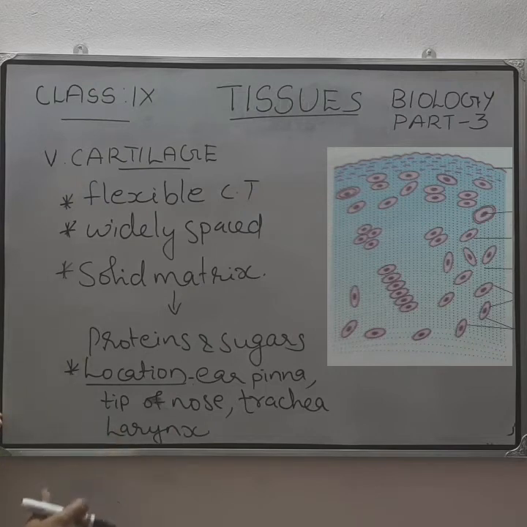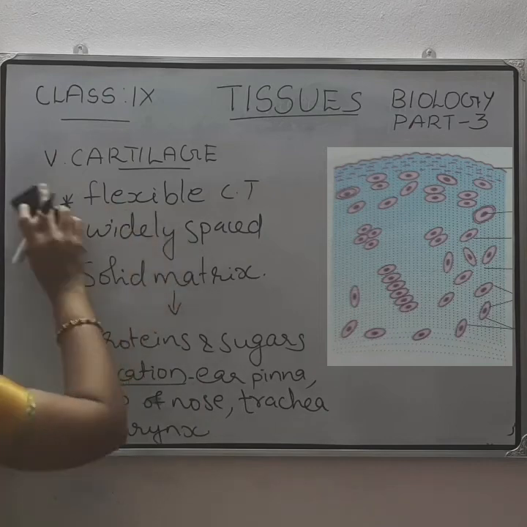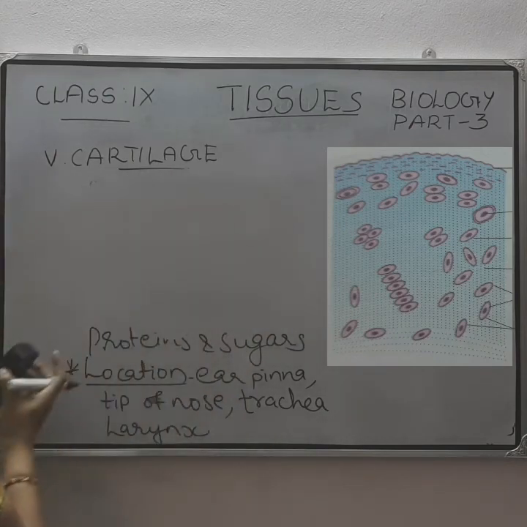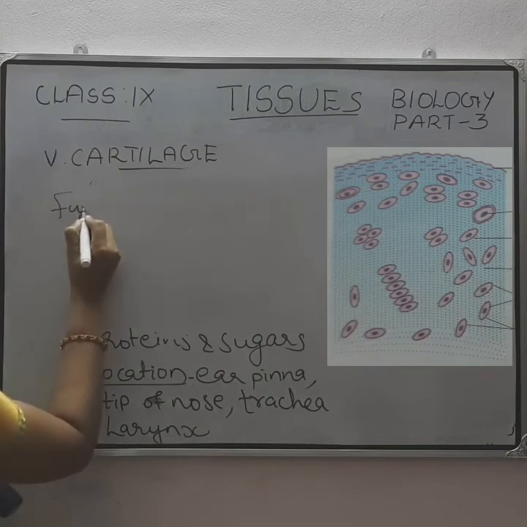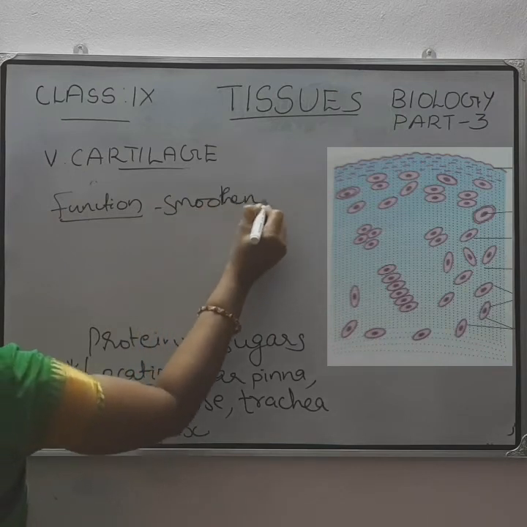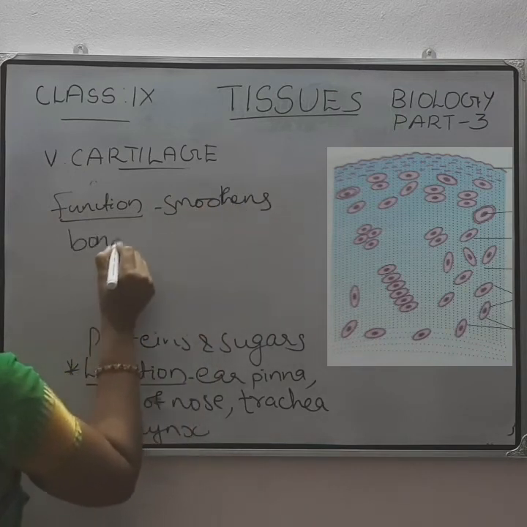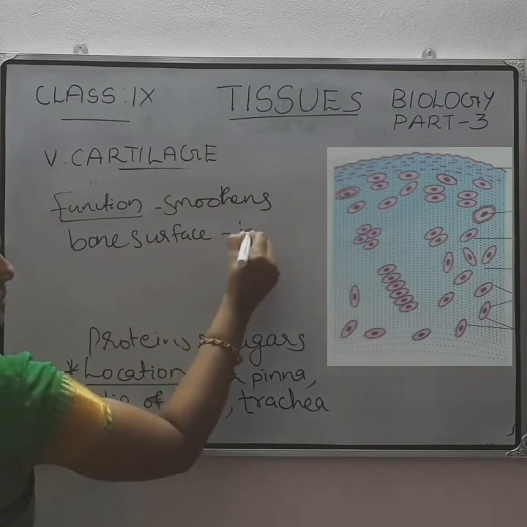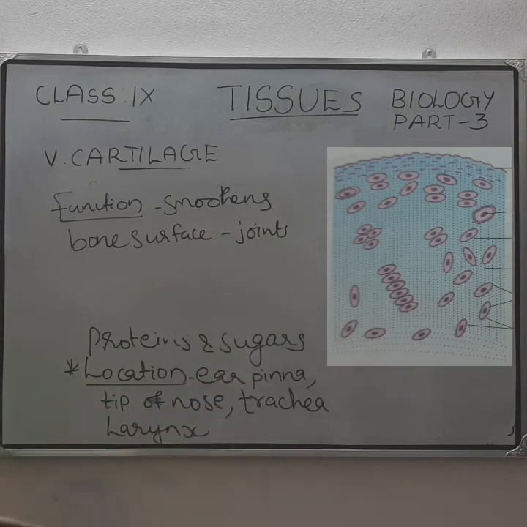And what is its function? The cartilaginous tissue smoothens the bone surfaces, especially at joints.